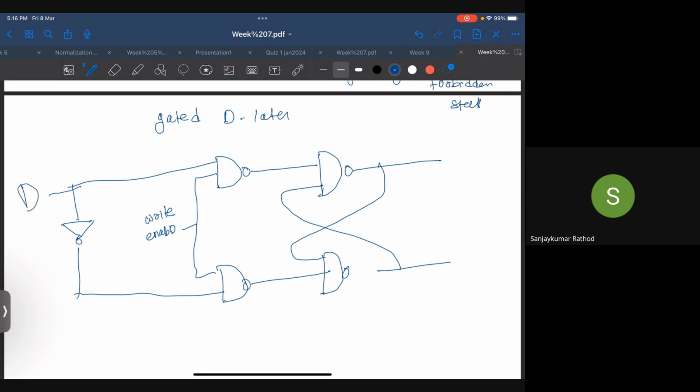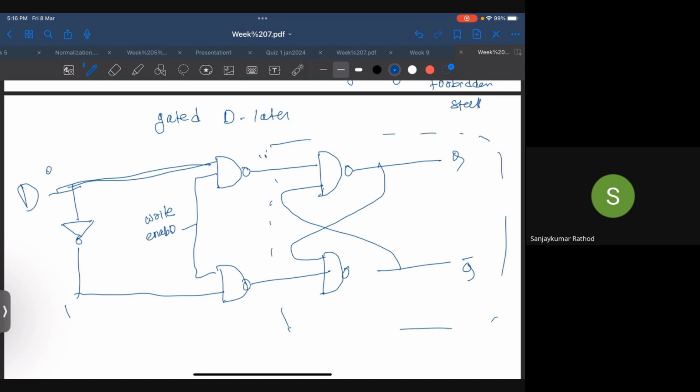So what is the modification we have done? You can see that we are putting one NOT gate, so it cannot be 0 0, right? If we put 0, it will be 1, and this is the RS latch.